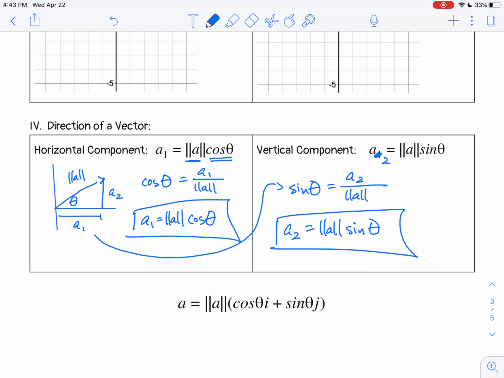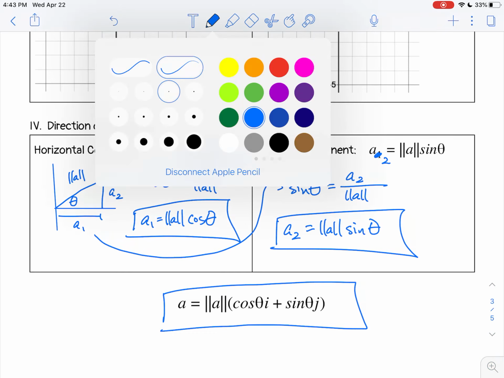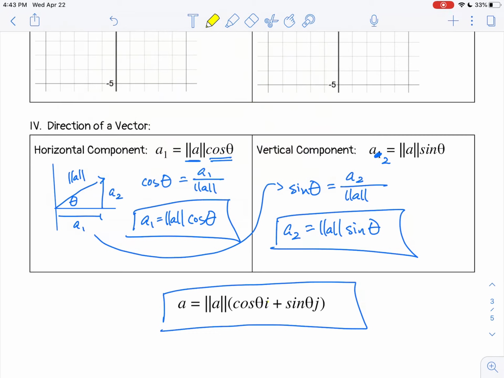Now, what that means, if we put that all together, is that we can have something that looks like this: the magnitude of A times cosine theta I plus sine theta J. Now, we're going to talk about where this I and J come from in just a second.